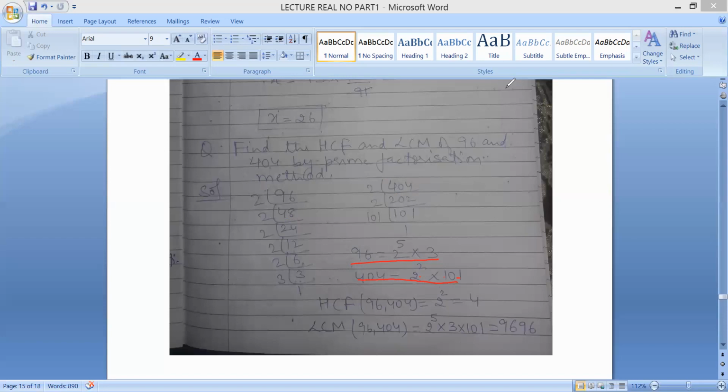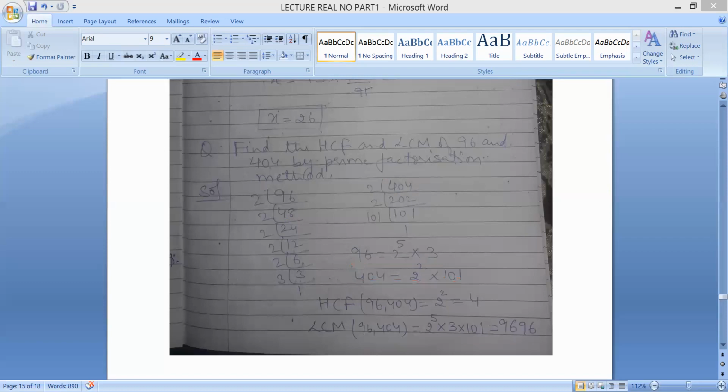So that's why I have written 2 to the power 5. 3 I have to take and 101 I have to take. If I solve this, you will get 9696. So the LCM of 96 and 404 is 9696.